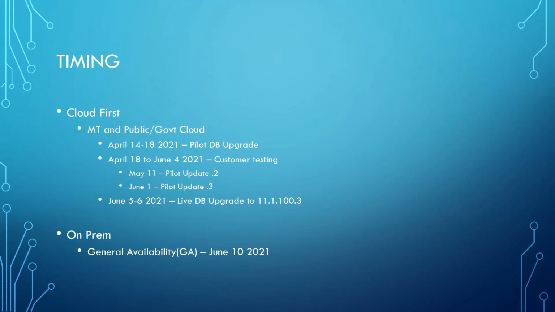And then in a few short weeks, over the weekend of June 5th through the 6th, the live database for all customers who have not flexed in their upgrade options, their live databases will be upgraded the weekend of June 5th and 6th to Kinetic 2021. That will be at the .3 update level. So that's the case and the situation and timing for all of the cloud customers out there.